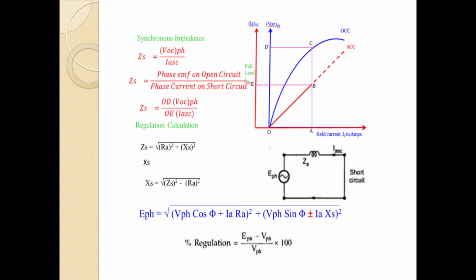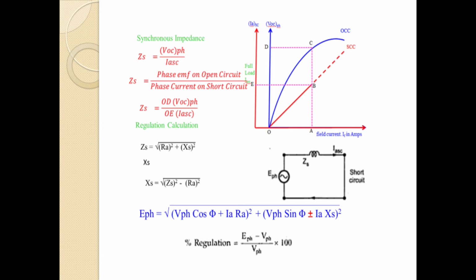The synchronous impedance formula is Zs equal to Voc per phase divided by Isc. Zs equal to phase EMF on open circuit divided by phase current on short circuit. Zs equal to OD per phase divided by OE, Isc.